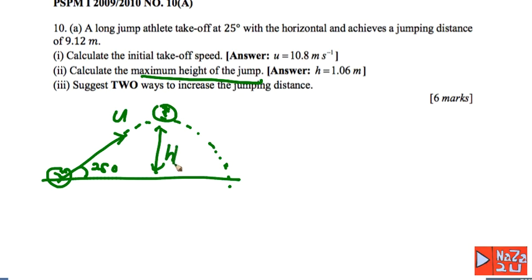Now the question asks what is the value of h. Actually, you have the same process as question number 1. You have the final equation that you can use: H is equal to u squared sine squared theta divided by 2g.